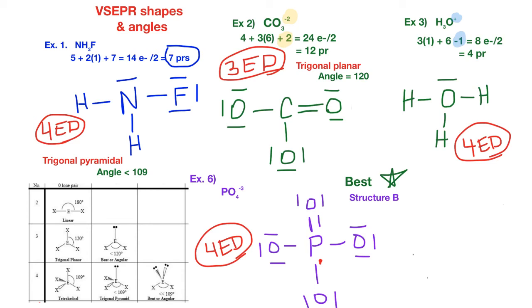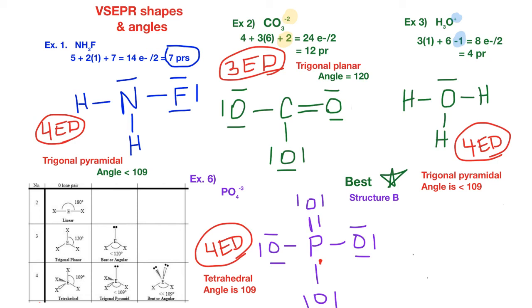All right, so hopefully these are what you got. For the H3O+, that should be 4 electron domains with 1 lone pair, so that'd be trigonal pyramidal with an angle of less than 109. For the bottom one, we've got 4 electron domains and no lone pairs around the central atom, so that would be 109 tetrahedral.